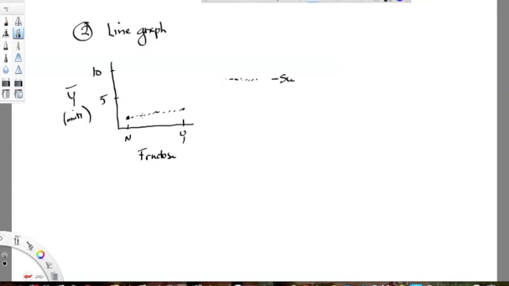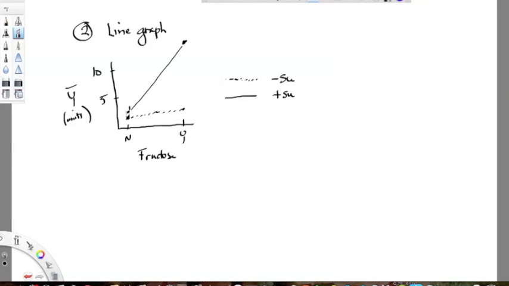And then we're going from 2 to 13 in the presence of sucrose. All right. So plus sucrose. Okay.